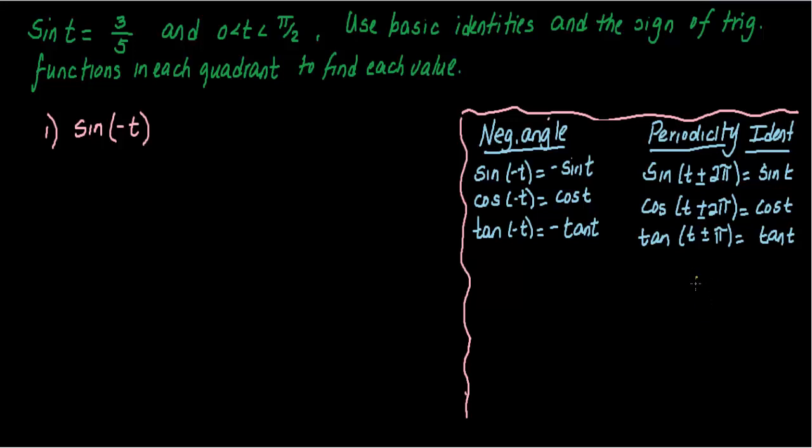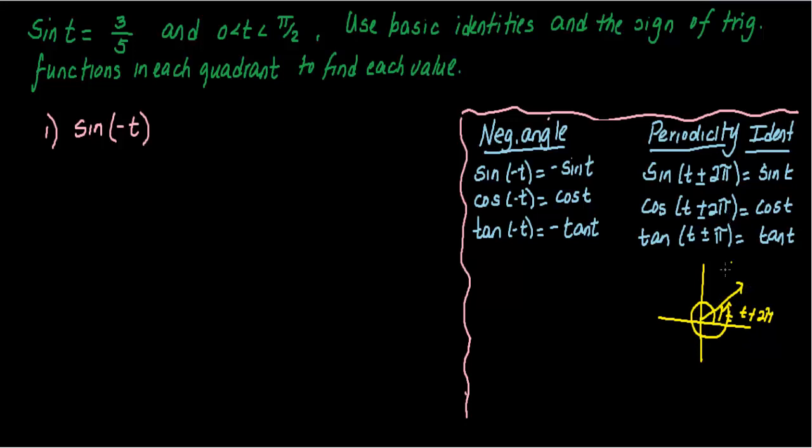Let me make a small illustration here. If my angle T is in the first quadrant, and I go around 2 pi plus T, I end up at the same place.